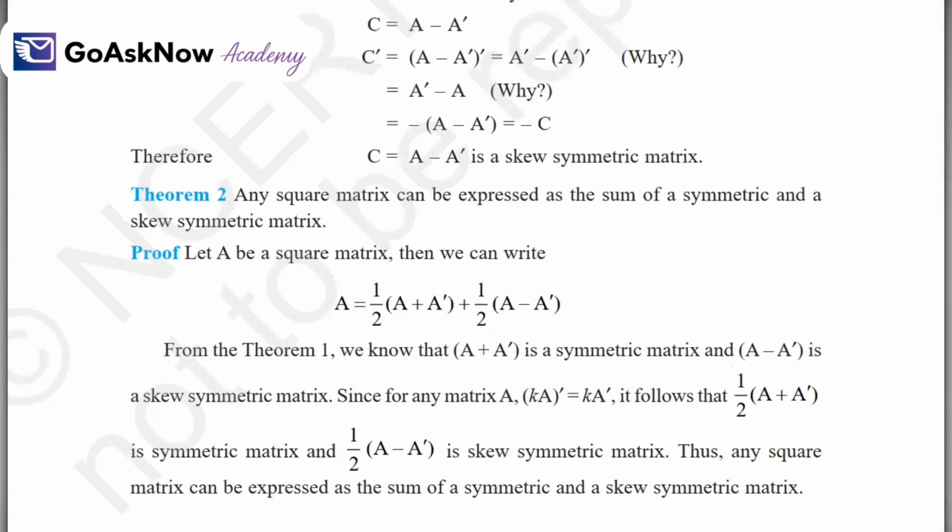And from the previous theorem, we also know that A plus A dash is a symmetric matrix and A minus A dash is a skew symmetric matrix. So you are getting the matrix A as a sum of a symmetric and a skew symmetric matrix. This is symmetric. This is skew symmetric.